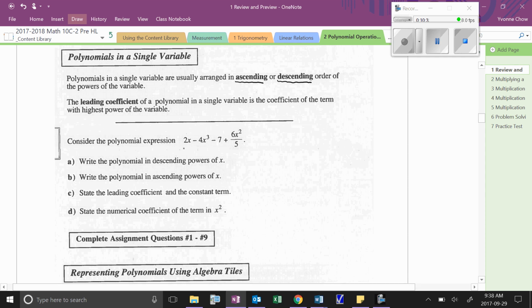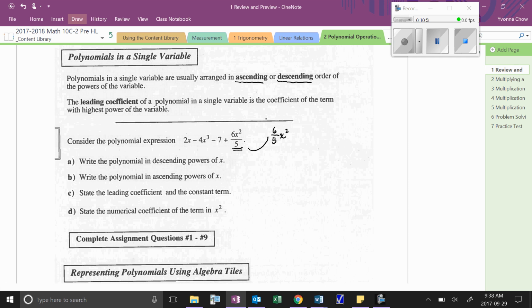If we see the polynomial expression 2x minus 4x cubed minus 7 plus 6x squared over 5, couple of things. First off, we might actually take 6x squared over 5 and rewrite that so it's 6/5 x squared. So it's very obvious what that coefficient is. The coefficient, again, is the number that you're multiplying by the variable.